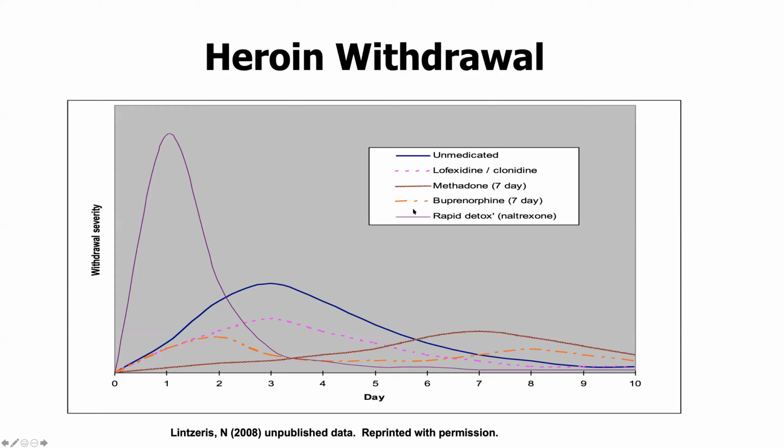Then we look at methadone. As you see the titration of it, about the fifth day is when the lines intersect and you begin to manage that withdrawal to the point that they can feel more comfortable. It doesn't mean that it doesn't reduce the severity of the withdrawal immediately. It does.